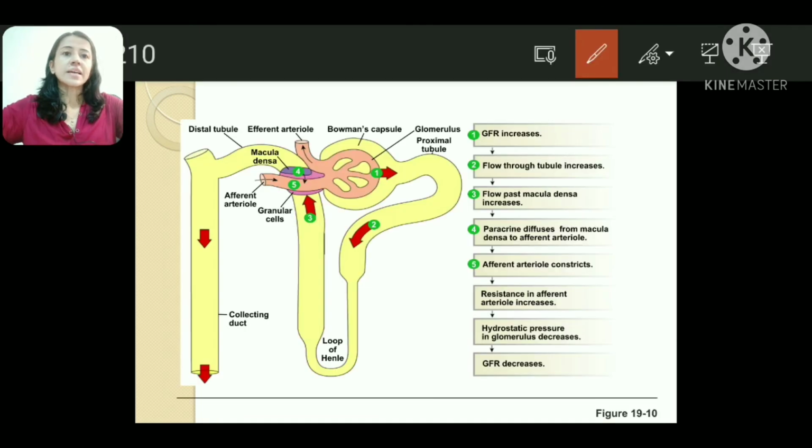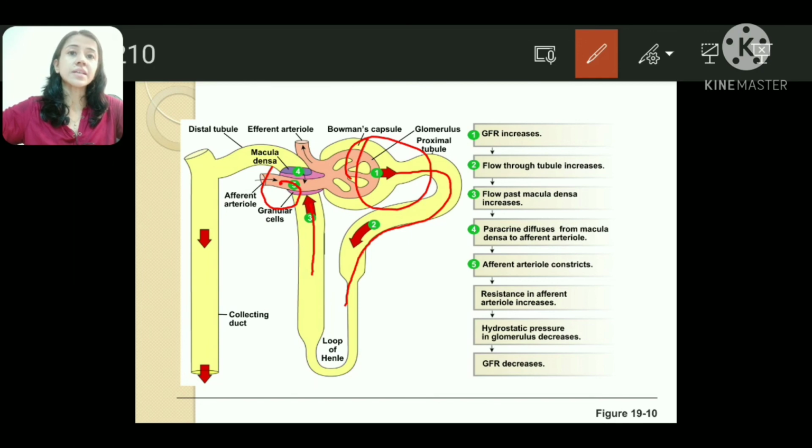In the diagram, first, an increase in the GFR increases flow through the tubule, and as flow through the tubule increases, there is increased delivery of sodium chloride to the macula densa cells. When sodium chloride delivery to the macula densa cells increases, they release thromboxane A2, which causes contraction of JG cells and constriction of afferent arterioles, and as afferent arterioles are constricted, there is a decrease in the glomerular blood flow, and as glomerular blood flow decreases, there is a decrease in the GFR.